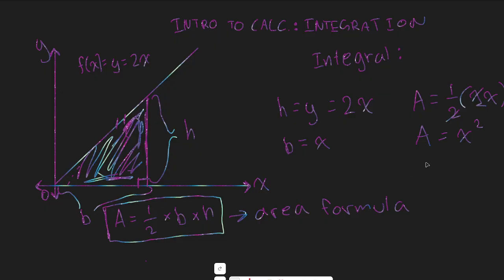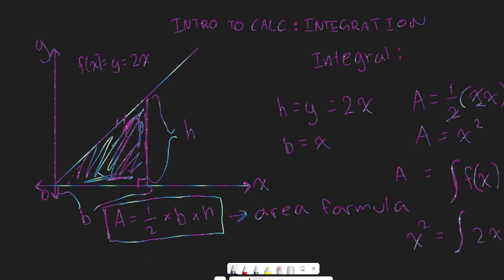Okay, so over here, we can write f of x. So let's write this. The integral of, so the area is equal to the integral of f of x dx, and we got that x squared is equal to the integral of 2x dx, right?